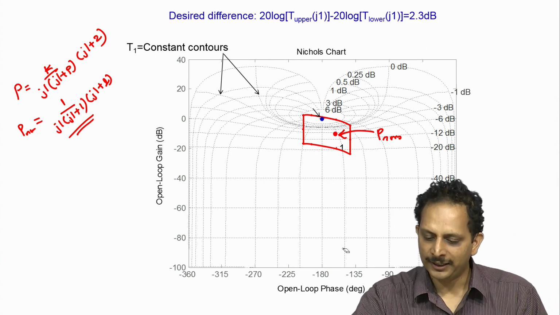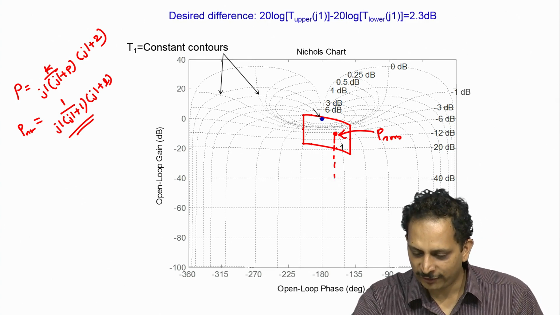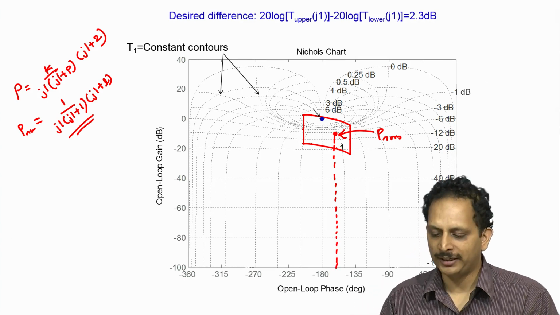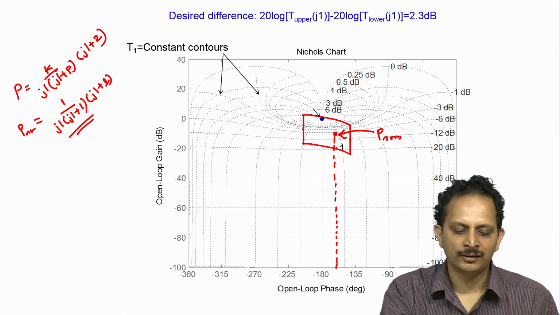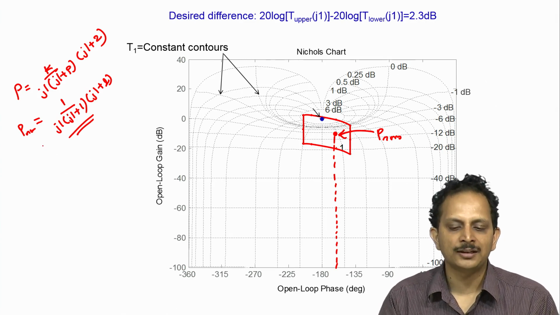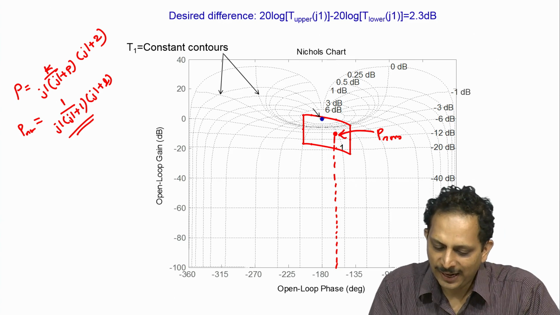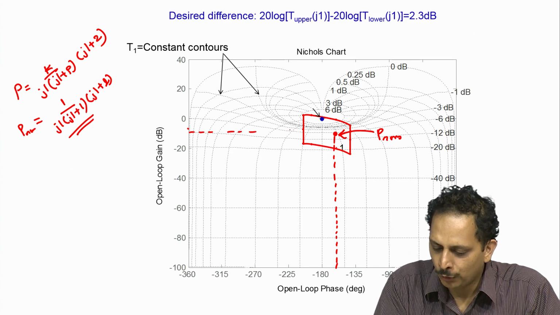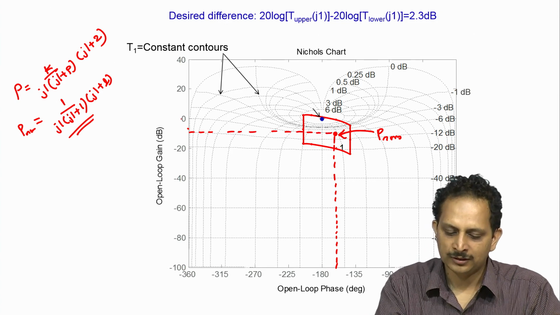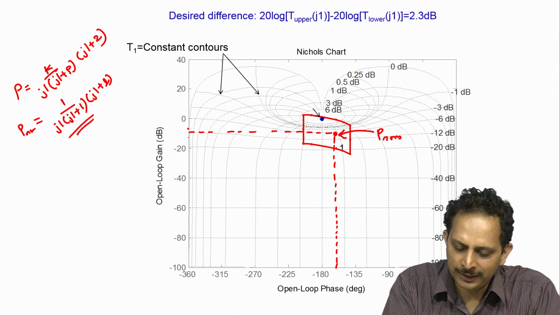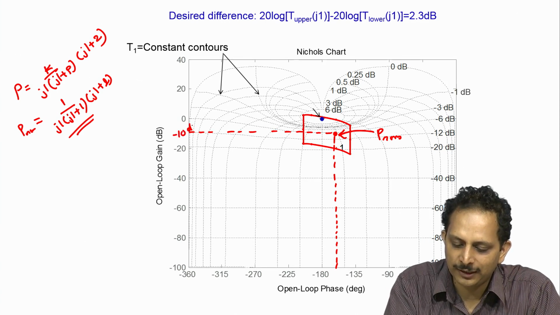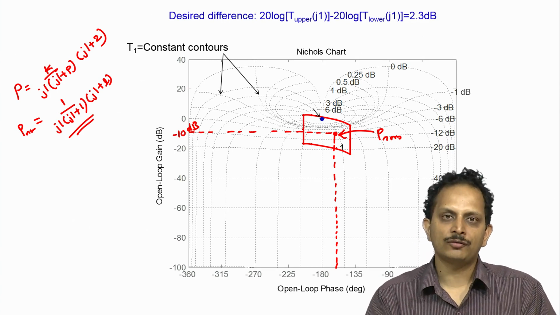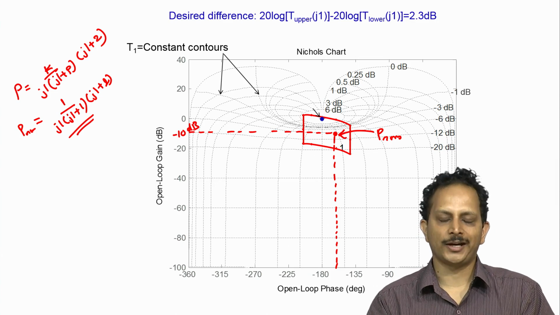So, at 1 radian per second the plant has a phase somewhere between -180 and -135 degrees. The exact numerical value can be computed from the expression for P nominal at 1 radian per second, and it has an open loop gain, namely the magnitude of the plant is going to be somewhere between 0 and minus 20 dB, and it appears to be close to minus 10 dB. So, this is the magnitude and the phase of the nominal plant at 1 radian per second.